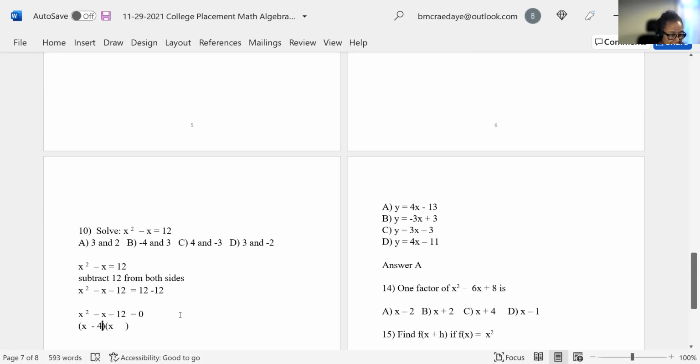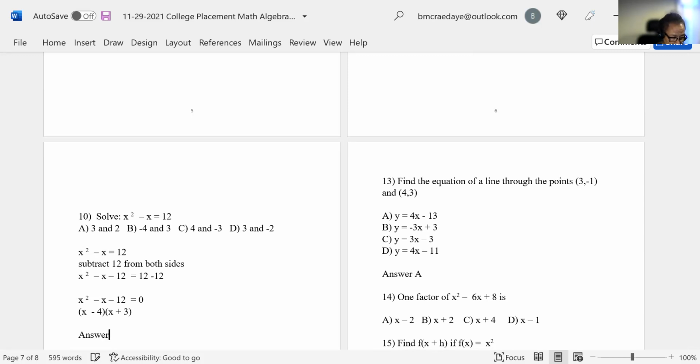That's one of the factors. And x plus 3. That's right, because the two numbers you multiply, minus 4 times plus 3, must give you the minus 12, right? And then when you add them, you should get a minus 1. So the bigger number has to be negative. So a minus 4x and a plus 3x would give you a minus 1x. So your answer would be B.